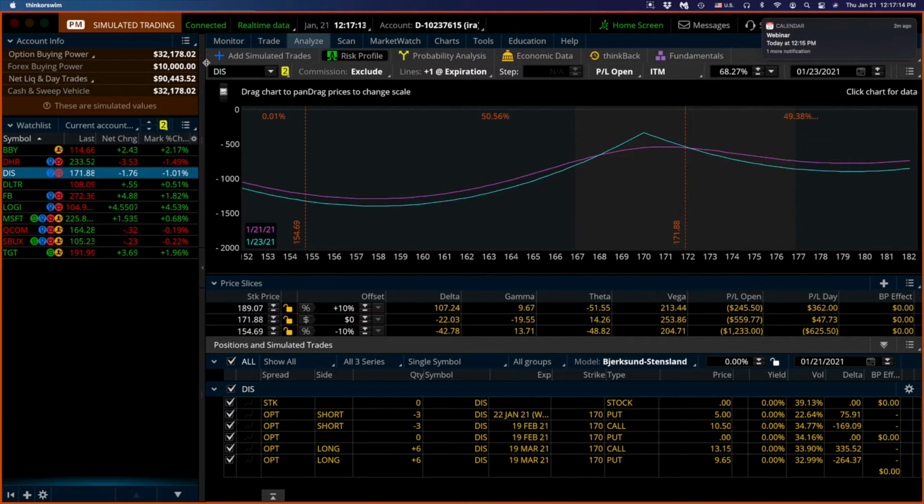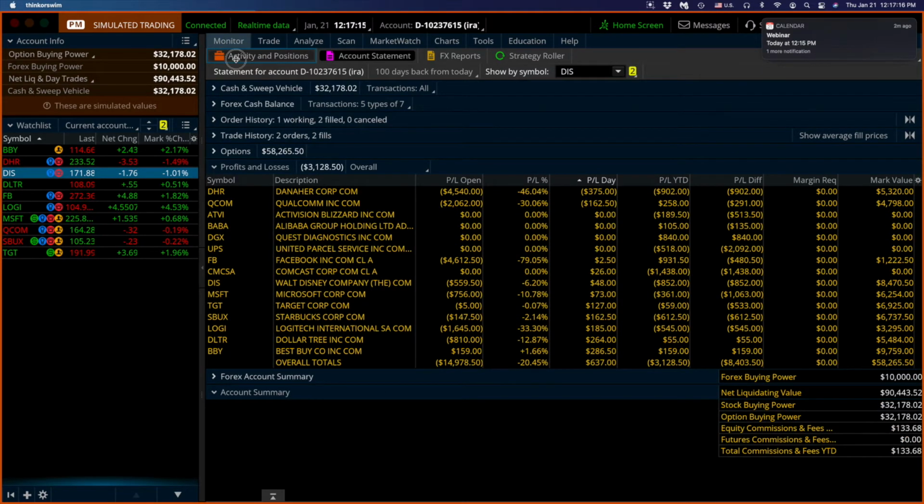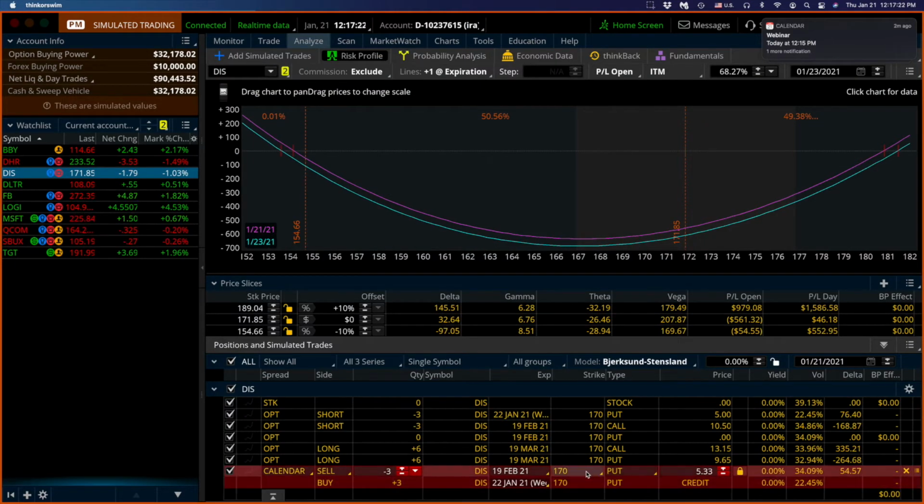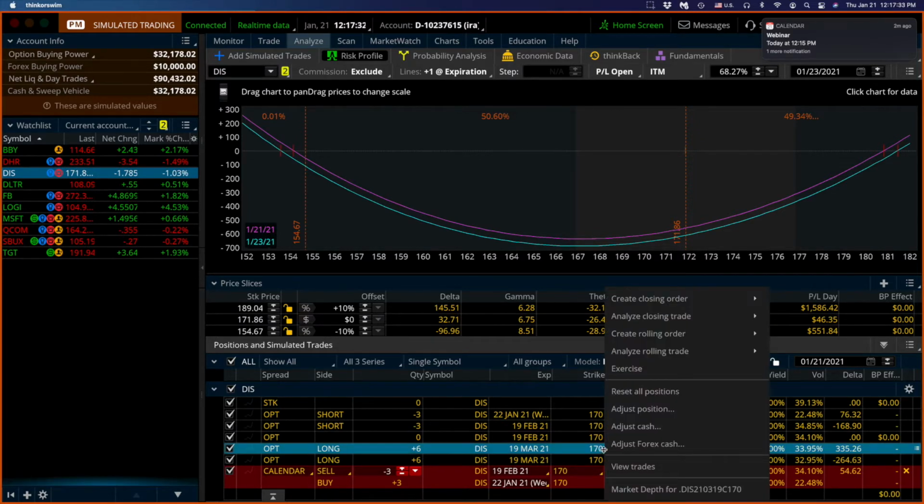Okay, now suppose that happens. Suppose we get filled on these 2 calls. Analyze that trade, bring it back here. Suppose this put rollover gets filled. We could sell one of those calls and buy at a higher strike price. Analyze rolling.